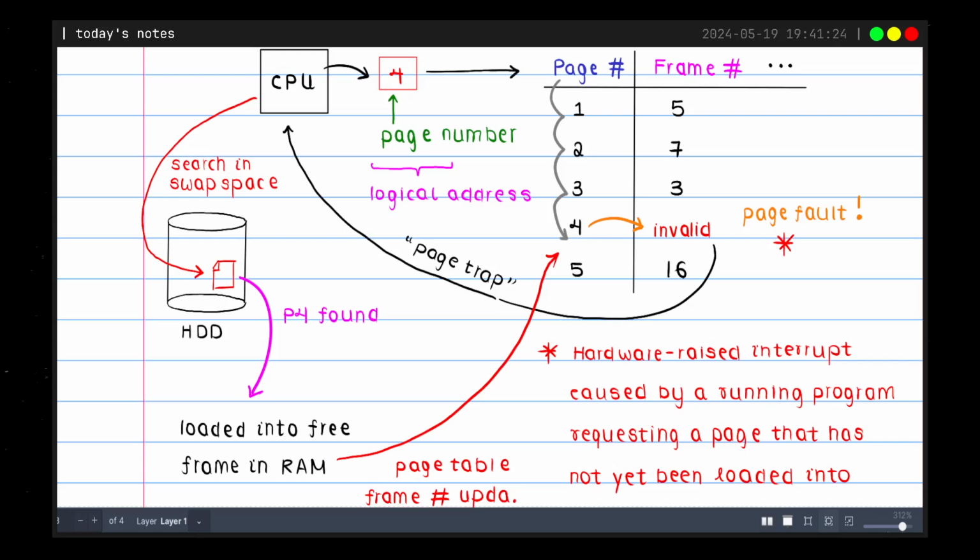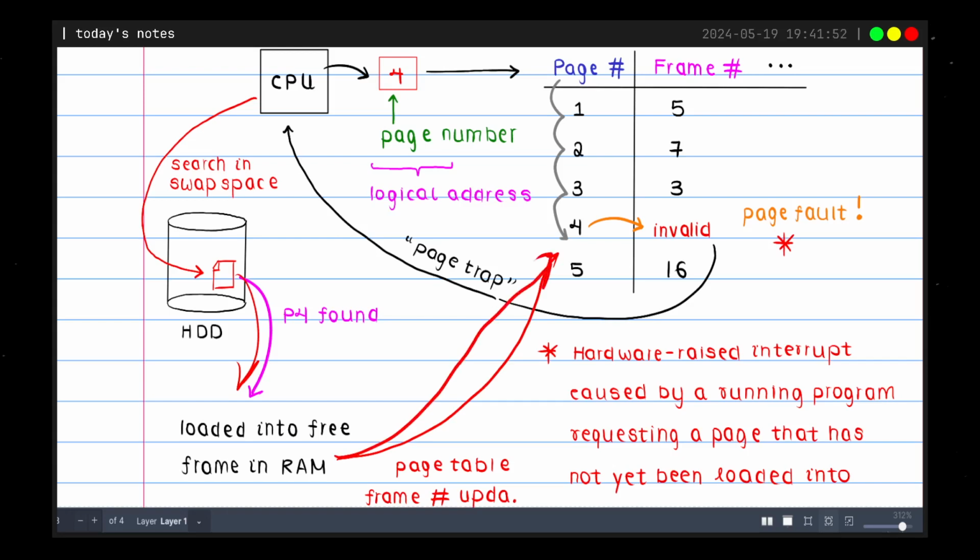And how does it service the interrupt? It's going to try and search for page number 4 in the hard disk drive space. There is a space in the hard disk drive called a swap space where some of these mislocated pages might be stored. It's going to search through this swap space, and let's say luckily we find it. When we find it, it returns the frame respective to page number 4, and it's loaded into a free location in the RAM.